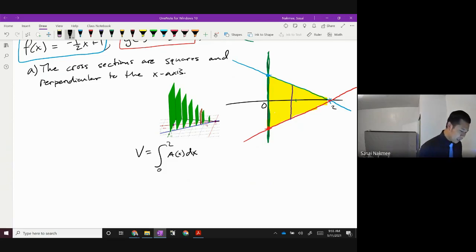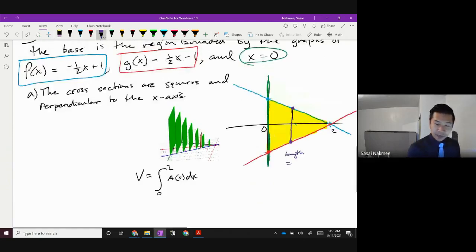Well, this length right here, that length right there, if you look at it, the length of that side is equal to, how do I get this length? Anybody have any ideas? How do I know what the length is from here to here? Well, I look at the top function.